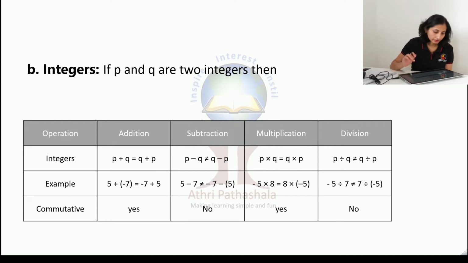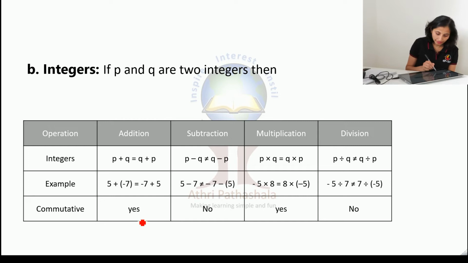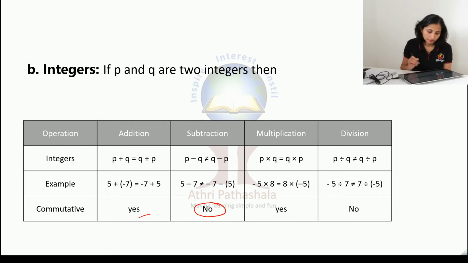Next, for the integers, for addition, yes, it is commutative, and for subtraction it is not commutative, because 5 minus 7 is minus 2 and 7 minus of minus 5 is minus 12. So minus 2 is not equal to minus 12.